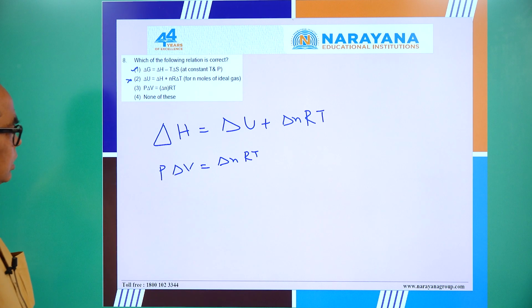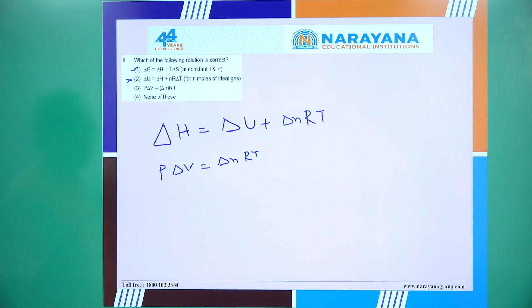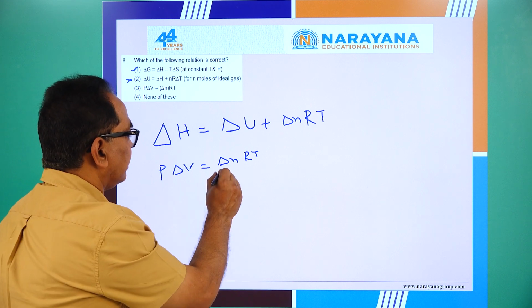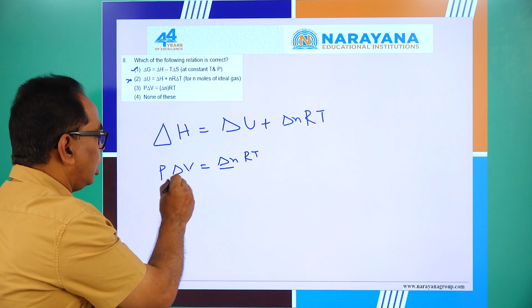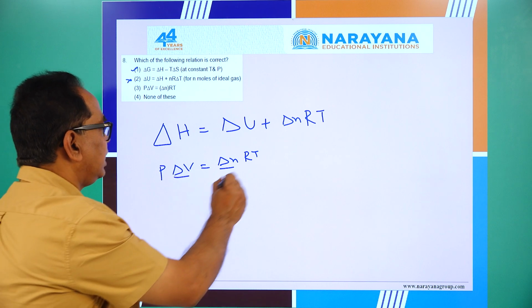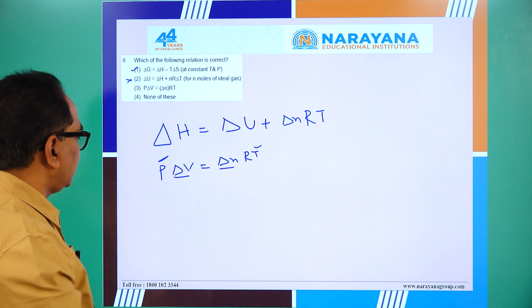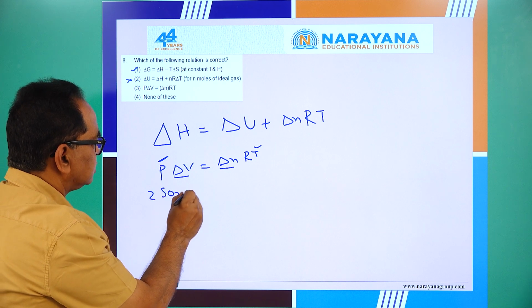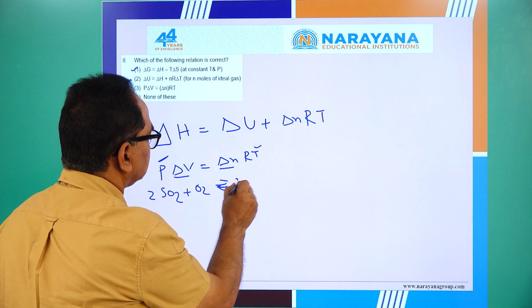So this relation is true only for a chemical reaction, because in a chemical reaction, when there is a change in the number of moles, there will be a change in volume when pressure and temperature are kept constant. Suppose I take a reaction, 2SO2 plus O2 gives 2SO3.